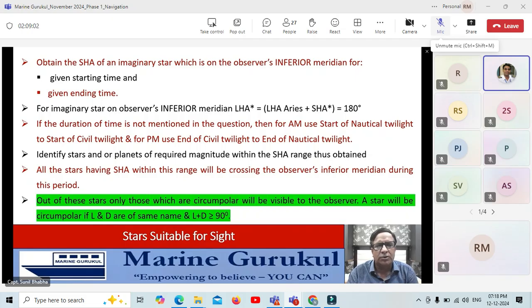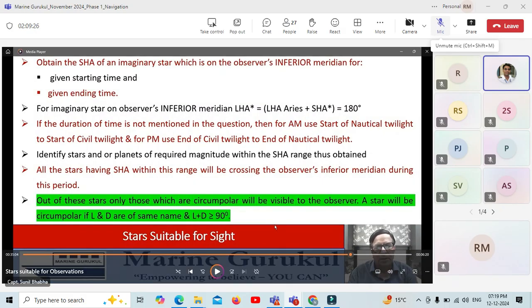So only those stars and planets which happen to be circumpolar shall be visible, if we have to ascertain the visibility issue. A star will be circumpolar only if latitude and declination are of the same name, and at the same time the sum of latitude and declination is greater than or equal to 90. Clear, beta? Any doubts?